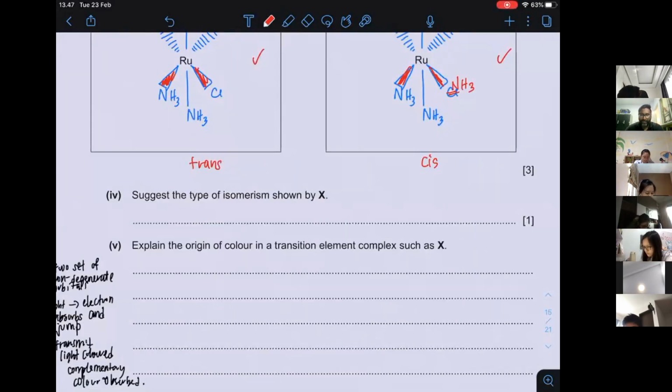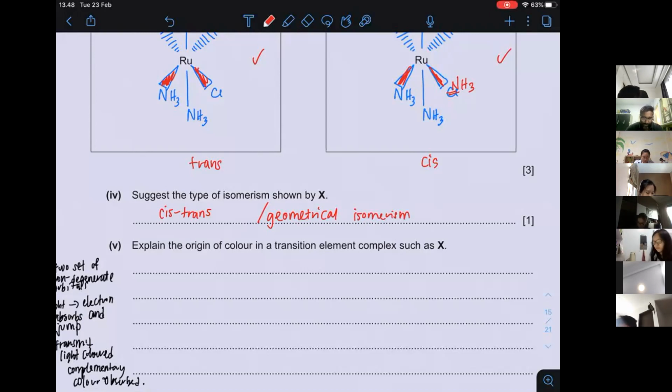Suggest the type of isomerism that you have over here. This is cis-trans, or if you want to write it down, you can say geometrical isomerism. Select only one.